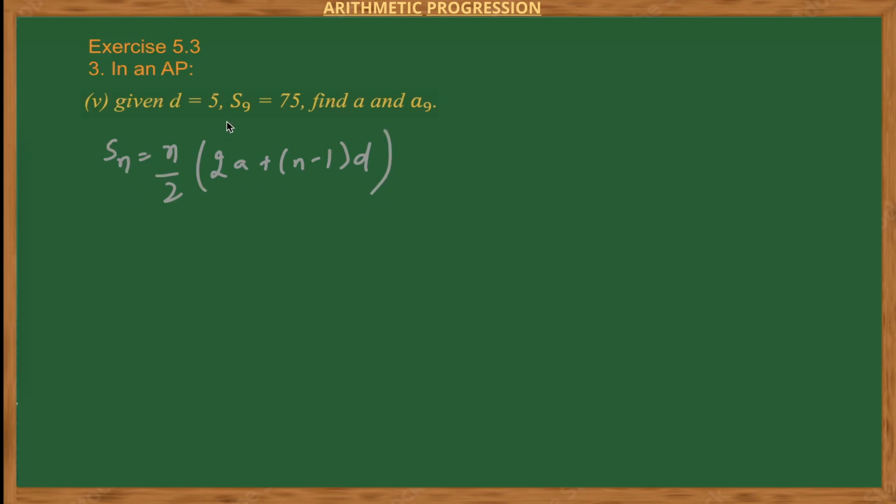We have the n value, we have the D value, and we don't have the a value. So the unknown in this is a, so we can find it from this formula. Sn is there, so let's put 75 here.